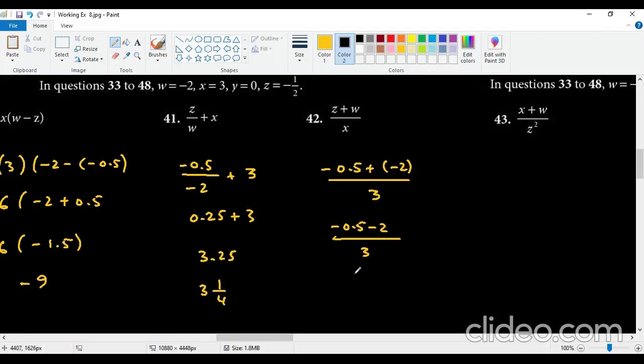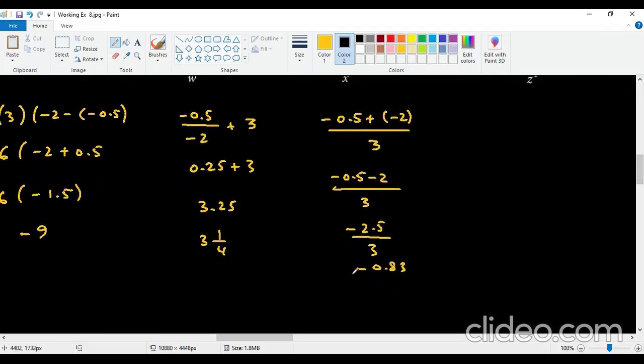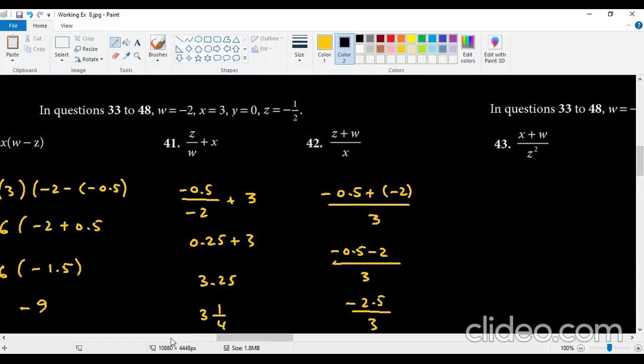So this is going to give you negative 2.5 divided by 3, which is going to give you negative 0.83, or in other words, the answer for question number 42 is negative 5 over 6. Now comes question number 43.